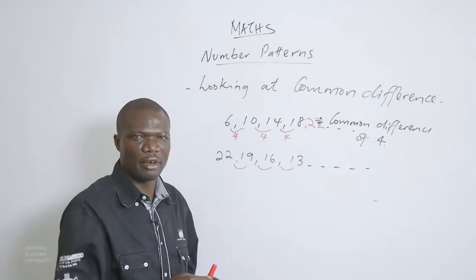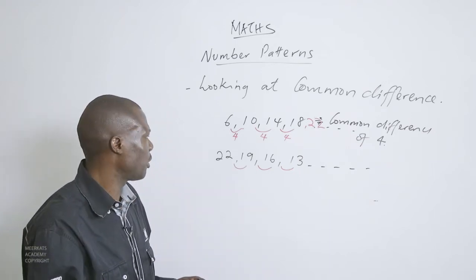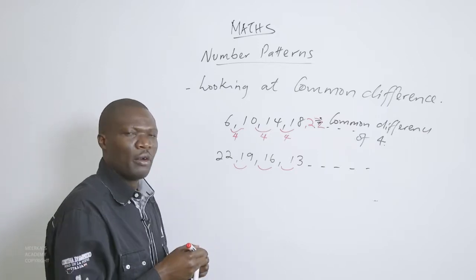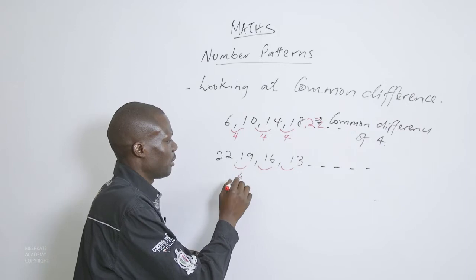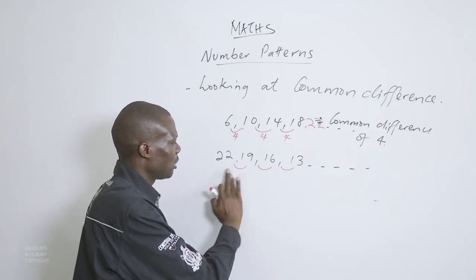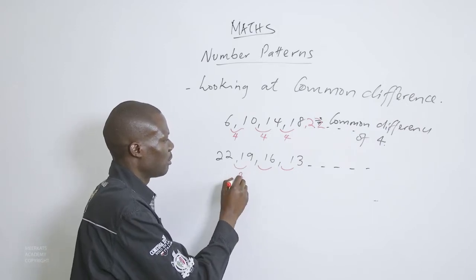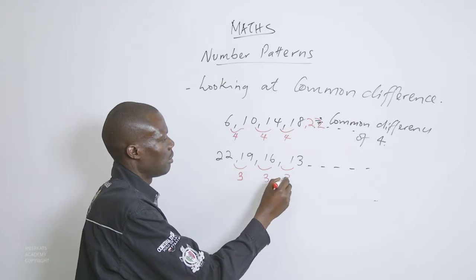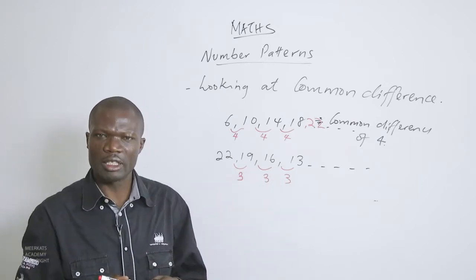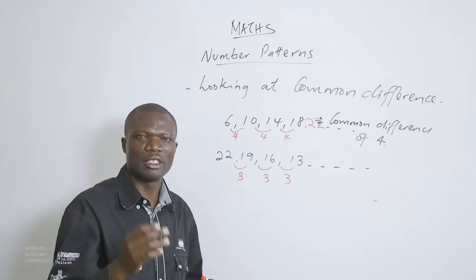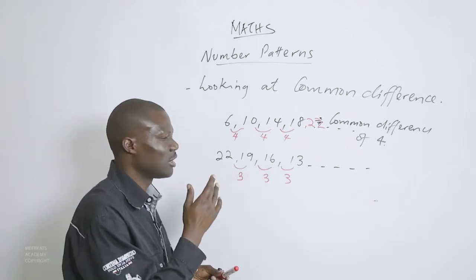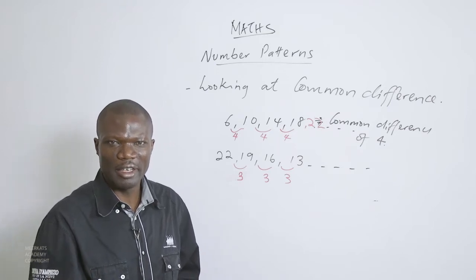For this other one, if you are very keen, you realize that to get the next term, we are subtracting 3. 22 minus 19 is 3. 19 minus 16 is 3. 16 minus 13 is 3.